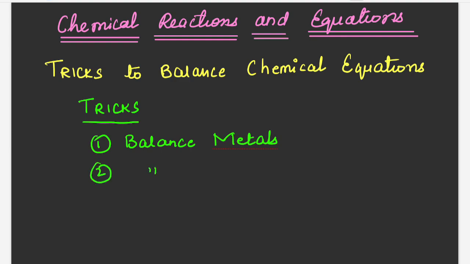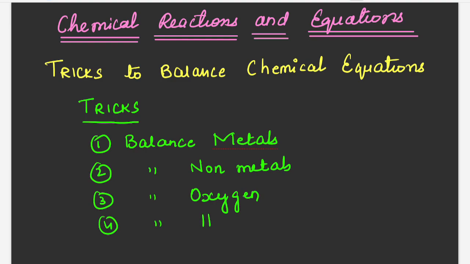Second, you have to balance non-metals. Third, you have to balance oxygen atoms. And fourth, you have to balance hydrogen atoms. So this is the sequence you have to follow.